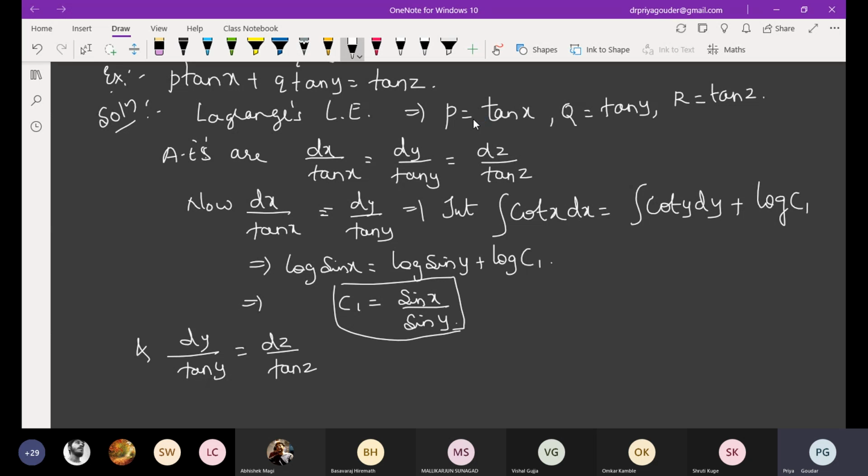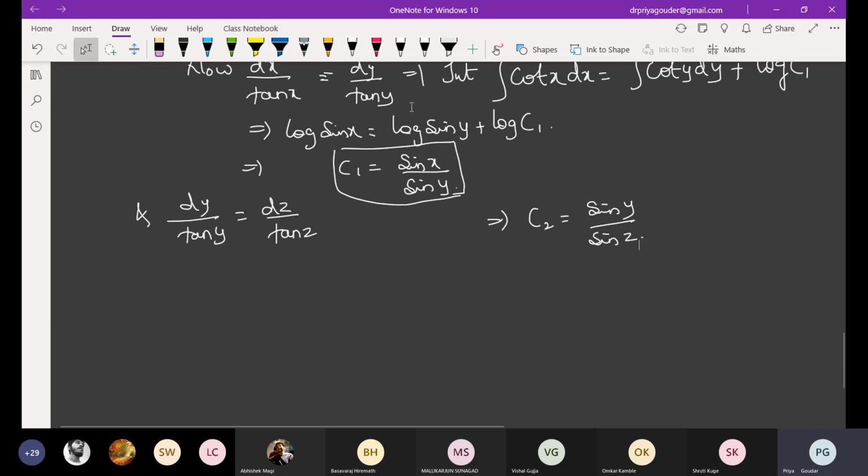You can do it. Tell me what you will get as the answer. Sin y by sin z. Yeah, and write that final general solution. Hope you will complete. Next example, write up.